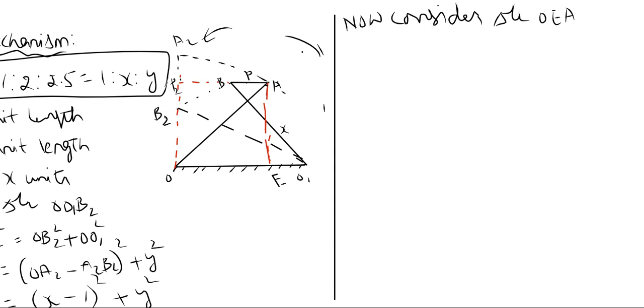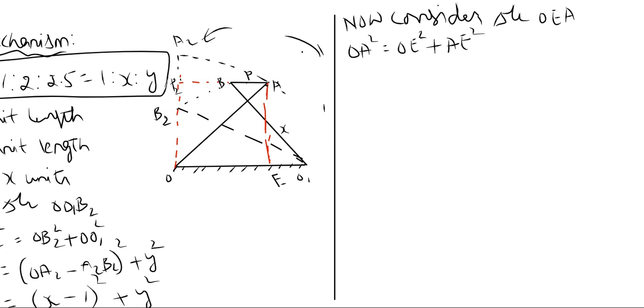Consider the triangle OEA. Here also hypotenuse square is equal to side square plus side square, so we get OA square equal to OE square plus AE square.